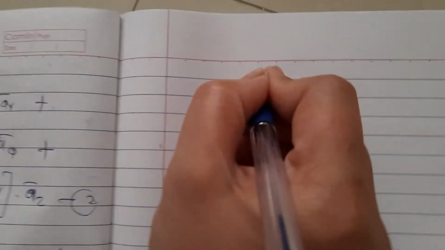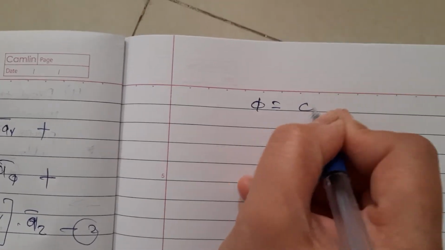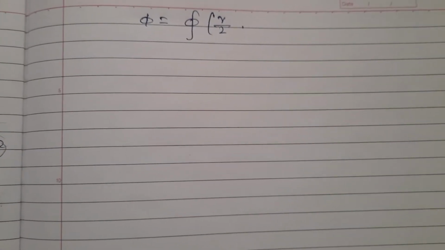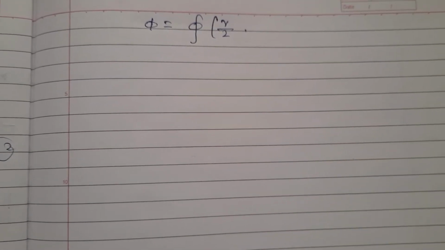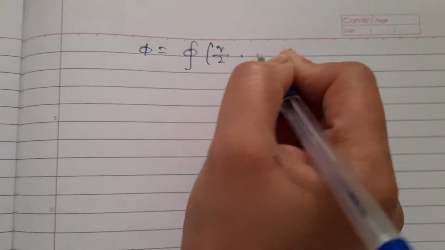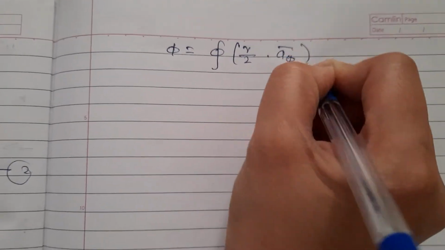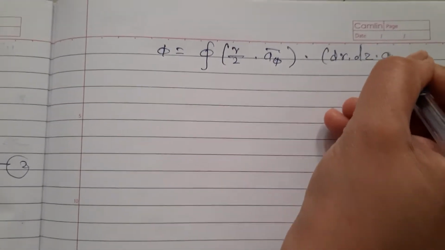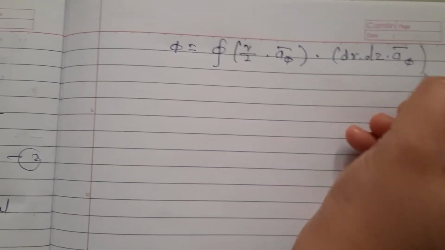So the equation is phi is equal to integration of r by 2 A phi bar dot dr dz A phi bar.